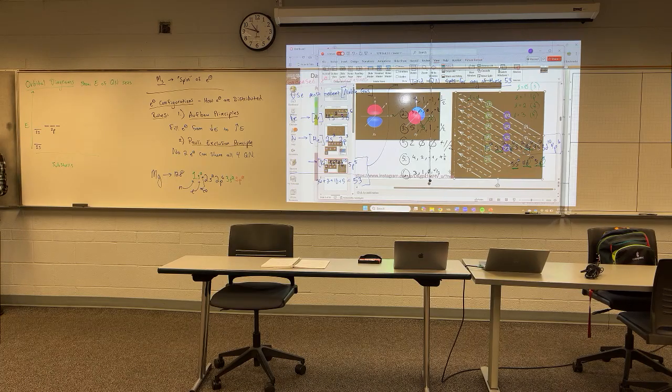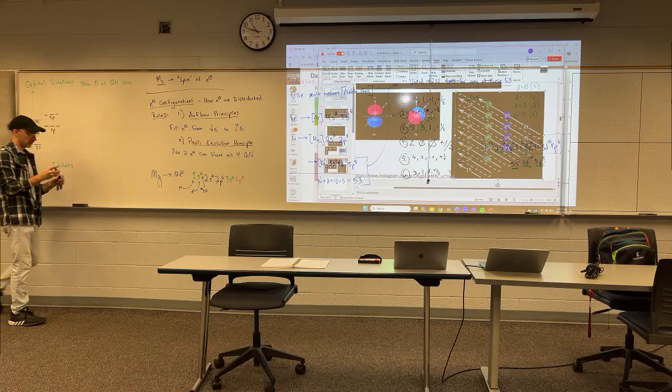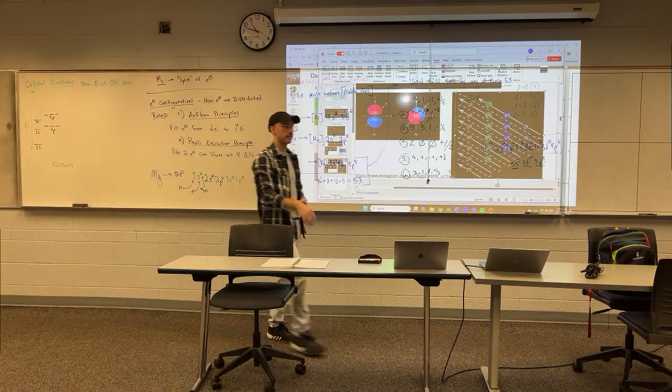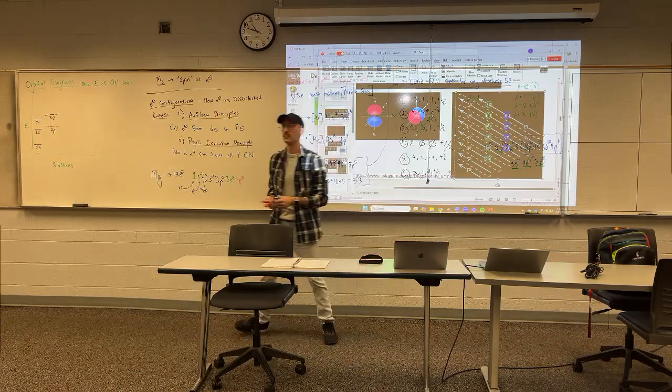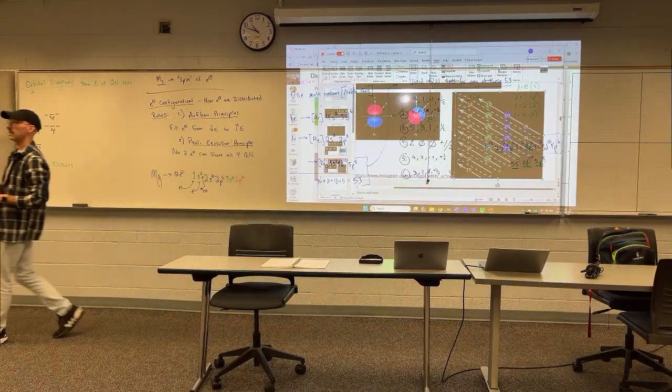And then we fill the second shell. So we move up to the third shell, which we think of as higher in energy than 2p. But in the third shell, we get 3s, 3p, and 3d.